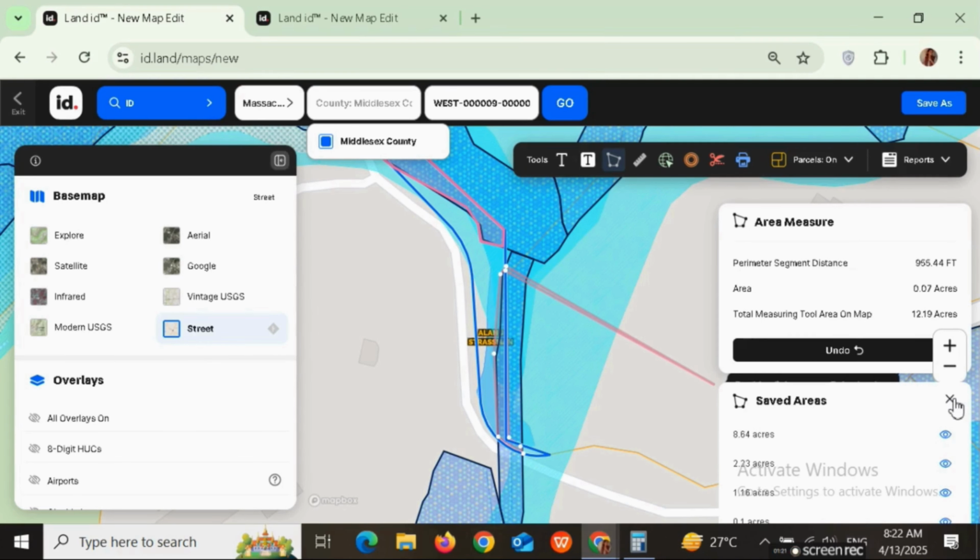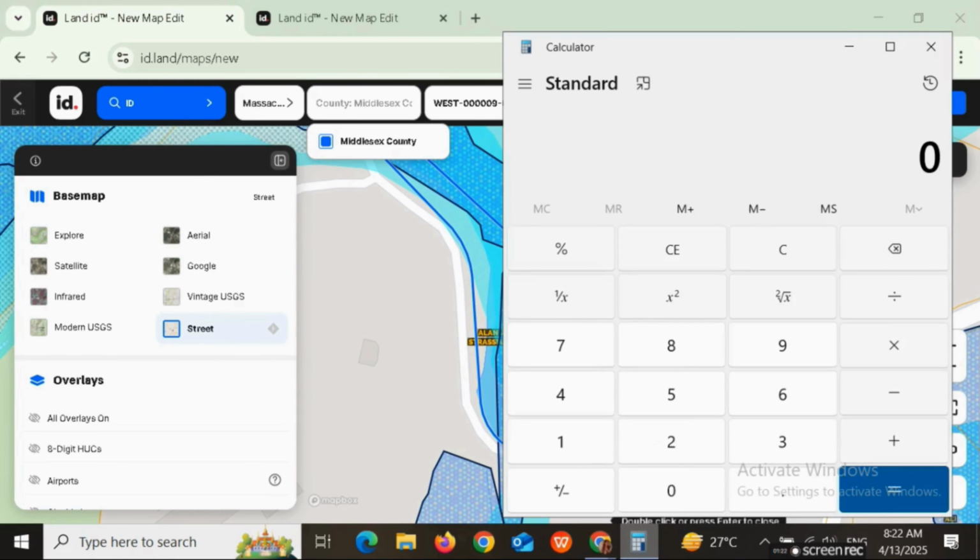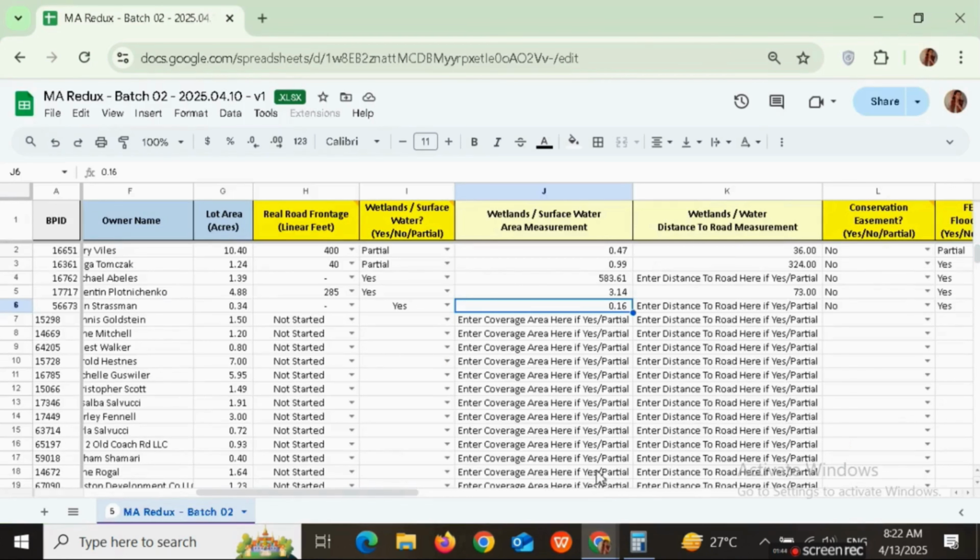So 0.23 plus 0.05, 0.28. This is the way I find the area measurement of wetlands.